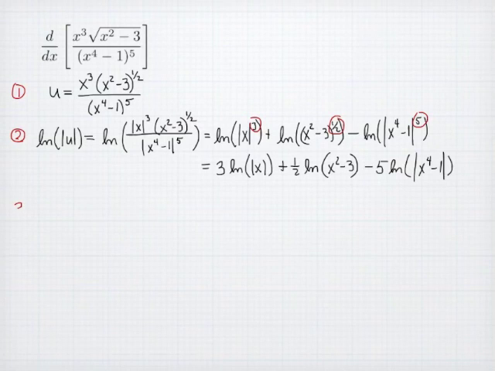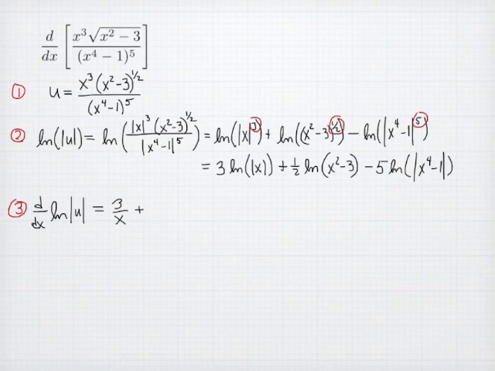So this is step 3. We'll compute the derivative of the natural log of the absolute value of u. The derivative of 3 natural log of x is 3 times 1 over x.